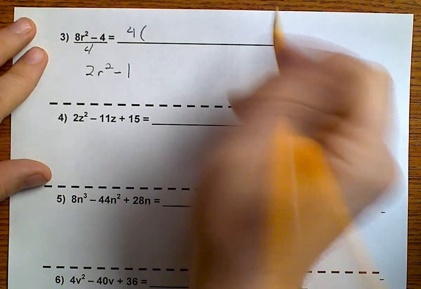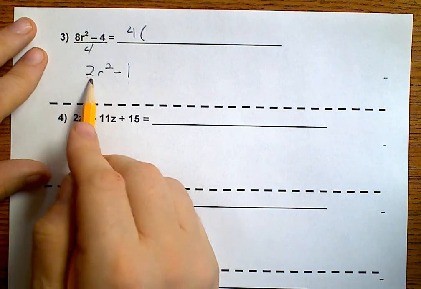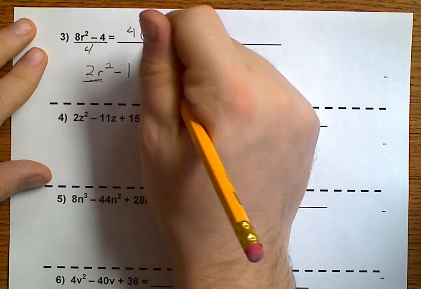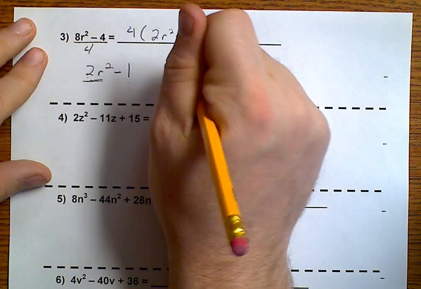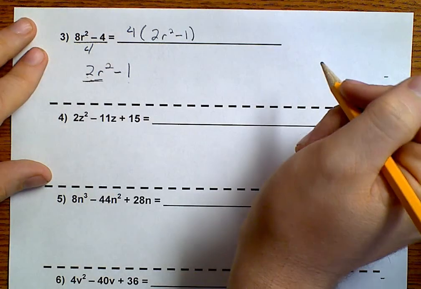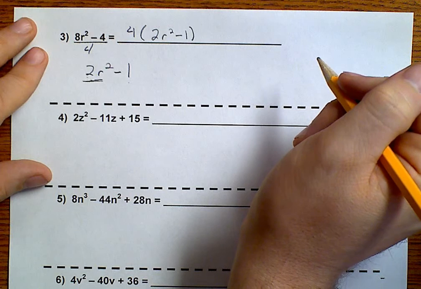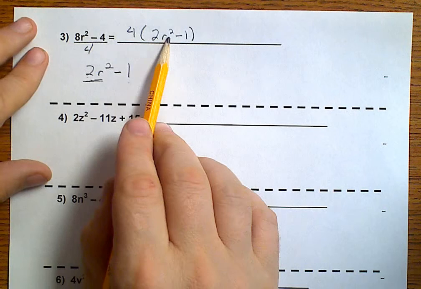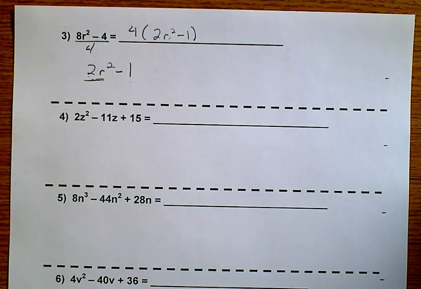I'm looking at this and I've got 2 terms, but that is not a perfect square. So I cannot factor any further, and it's just 2r squared minus 1. So even though we still have a squared term, we are finished because there is no more factoring that we can do. Let's move on to number 4.